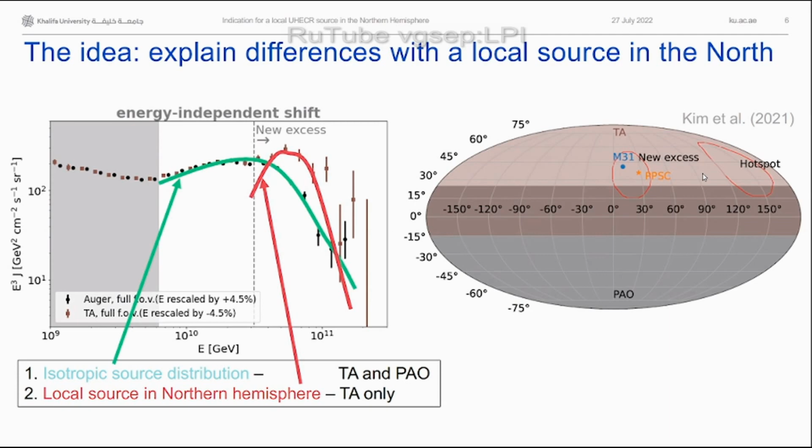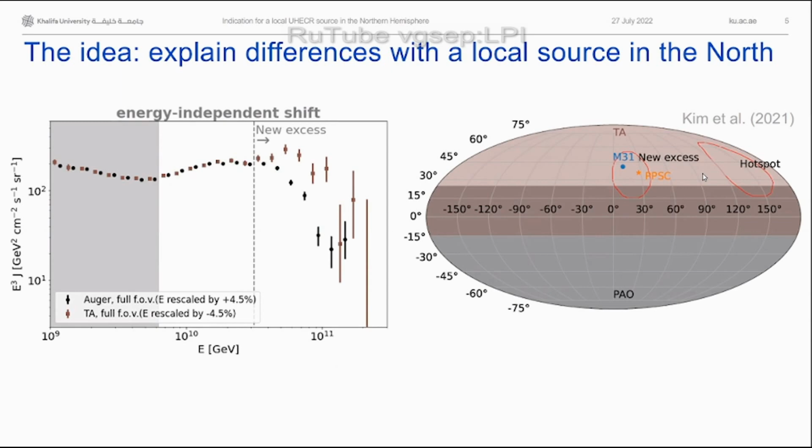What is nice to speculate on here, and this is just speculation, is that the new excess, as was reported by Telescope Array at the previous ICRC, starts at this energy range, which is exactly the same energy where this deviation in the spectrum between Telescope Array and Auger starts. So you could speculate that this is related to this additional local source in the northern hemisphere.